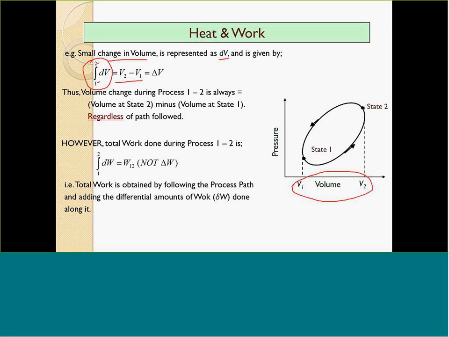However, the work during the process is something like delta W. Work is considered as the total path process of the thermodynamics. The whole thing is work from 1 to 2, so it's considered as work.